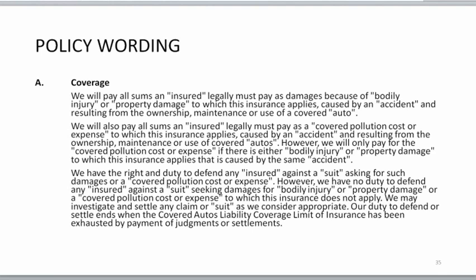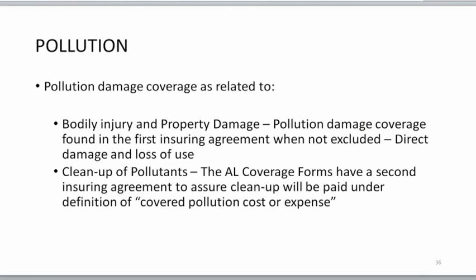So the key part here is that paragraph one is direct damage, but the insured must be liable. That means we name the insured properly, and it must be caused by a covered auto or similar. The second paragraph addresses covered pollution cost, the cleanup expense. But again, our insured must be legally liable and it must be caused by a covered auto.